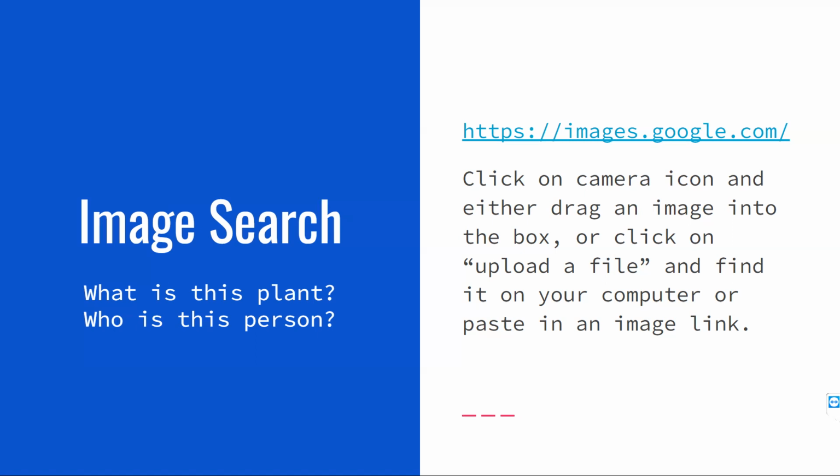So if you take a picture of a plant and you're thinking, I don't know what this is, but I want to, it will pull up similar images so you can get a guesstimate of what that plant or bird is. You do this by going to images.google.com, clicking on the camera icon, and then dragging an image into the box or uploading a file, or you can paste it directly from a website.